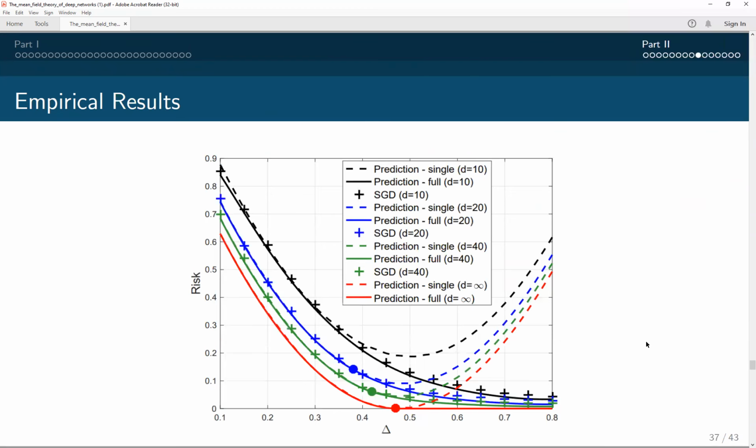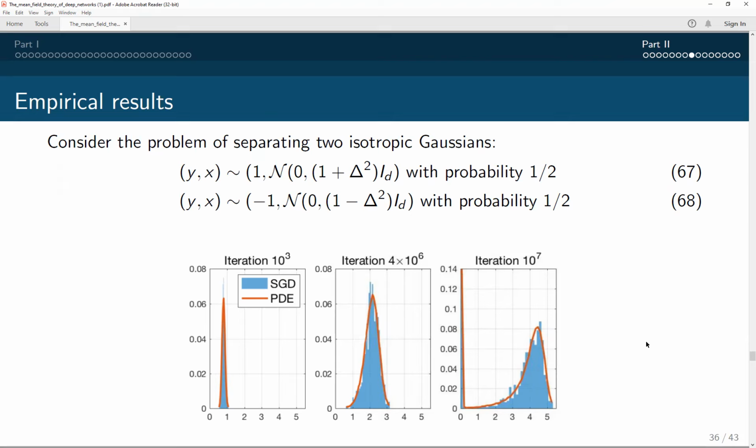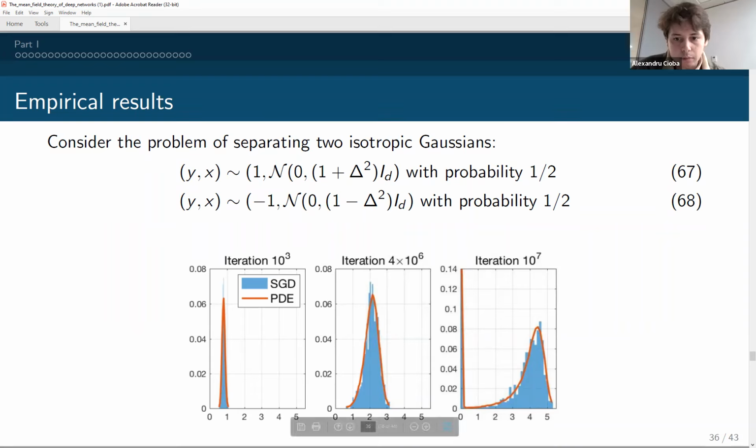So that's one interesting observation. Isn't the approximation supposed to be worse at iteration 10 to the 7? The match between SGD and PDE should be worse because of what you said, that there's an exponential error in the number of iterations. Yeah, it's true, but I think they are free here to pick an epsilon that achieves a certain error bound on all of these.